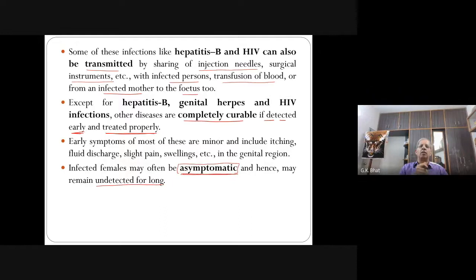And many times, the boys start developing symptoms. It is not that girls will not develop symptoms at all. Most often asymptomatic, but sometimes she may also get symptoms.